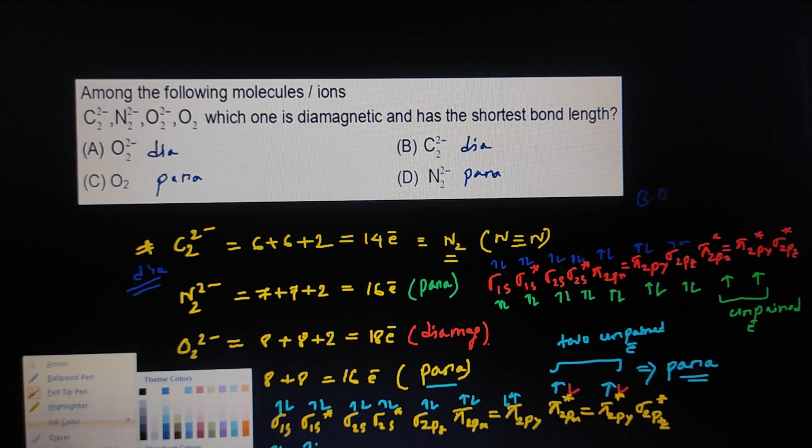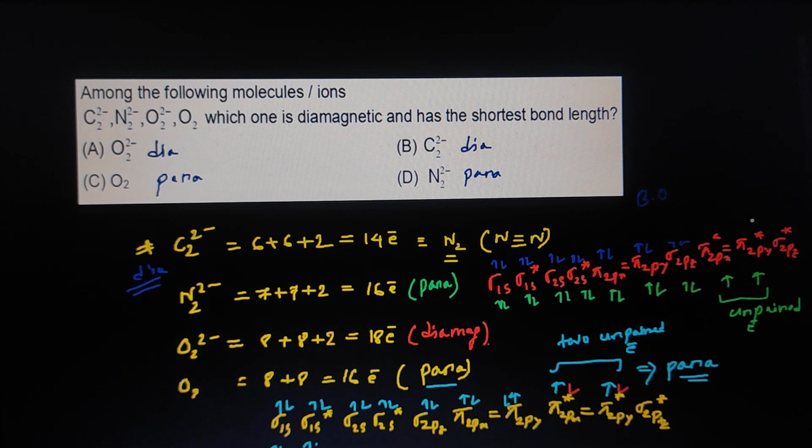Bond order. BO is equal to bonding electrons minus anti-bonding electrons by 2.